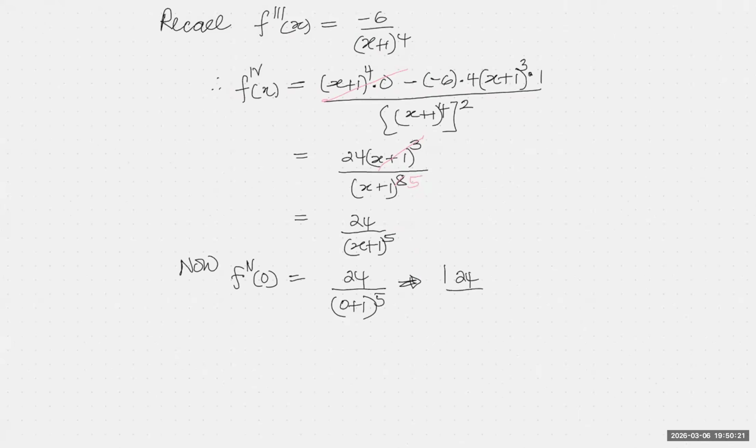So that's 24, but that is just to the 4th. So we need to the 5th power. So we're going to do that question. Hold on half a second, please.